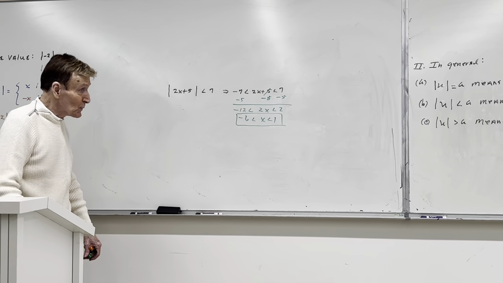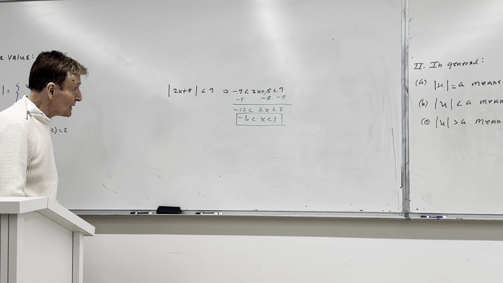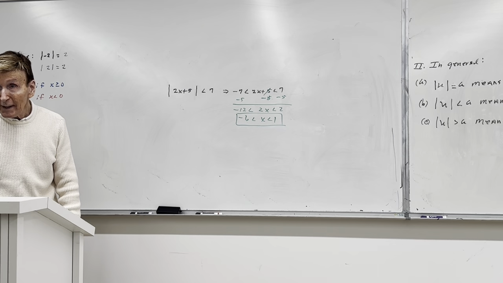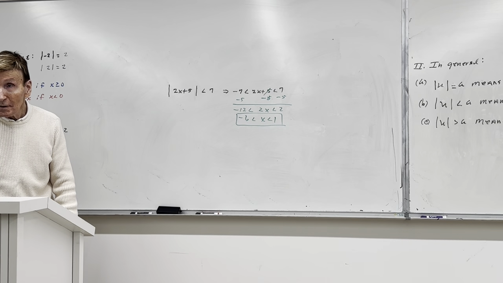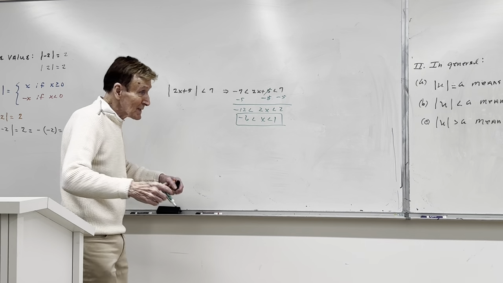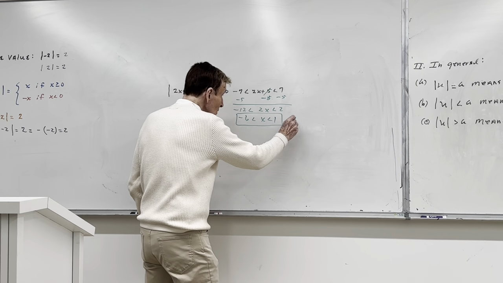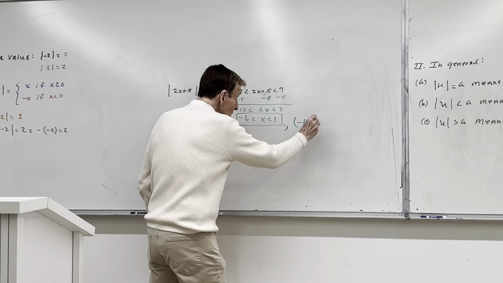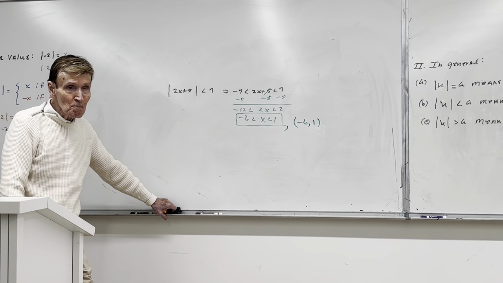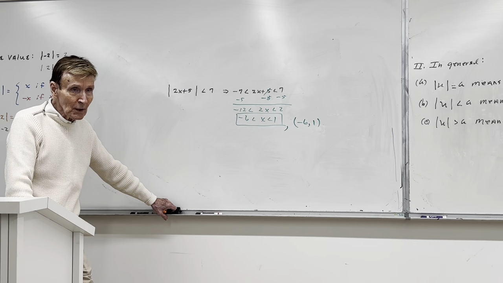So am I caught between negative 6 and 1? Did anyone follow me? In interval notation, if I say please express the answer in interval notation, it means you're caught between negative 6 and 1, and you're done. But you have to know which rule to follow.